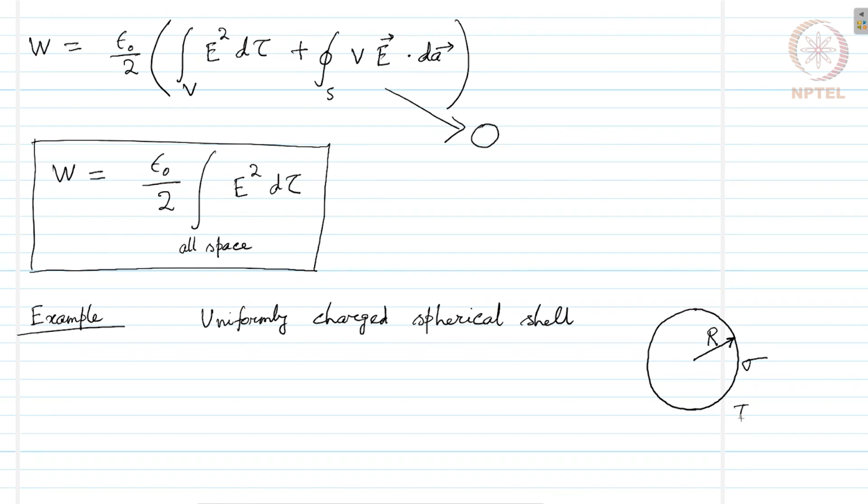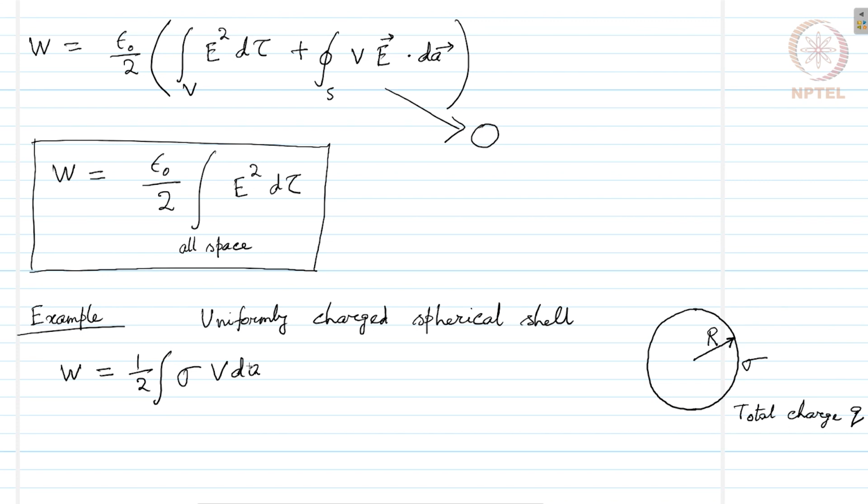Let us write that down here as well. Okay. So, the work done to assemble this charge distribution can be expressed as half integral over sigma V dA.